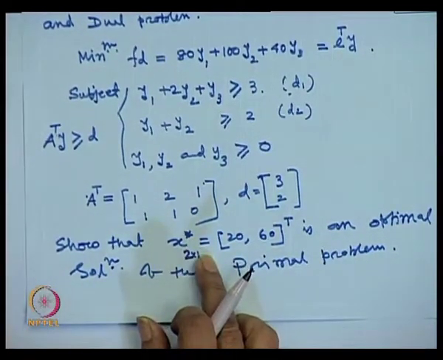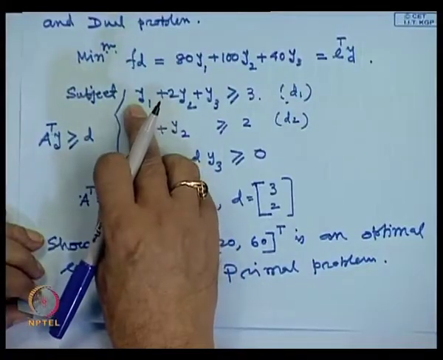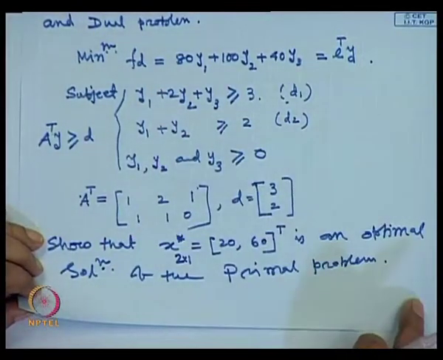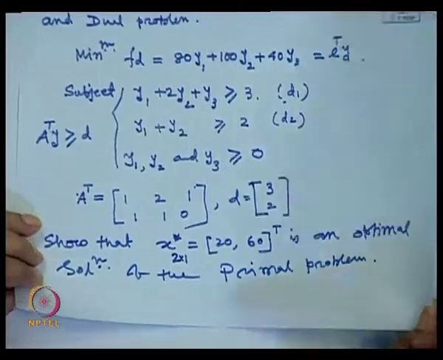Suppose I want to know the dual problem solution, that means y 1, y 2, y 3 star. What is the solution of this one? Once I know the solution of the primal problem, I can get the solution of the dual problem by using the theorem we discussed last time. Or if you know the solution of the dual problem, we can go back to the solution of our primal problem by using that theorem.